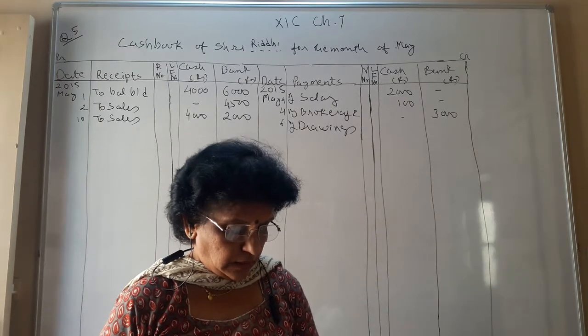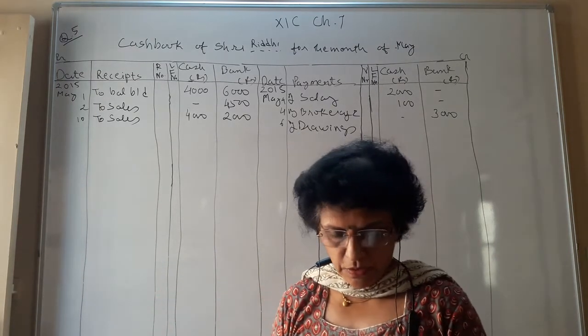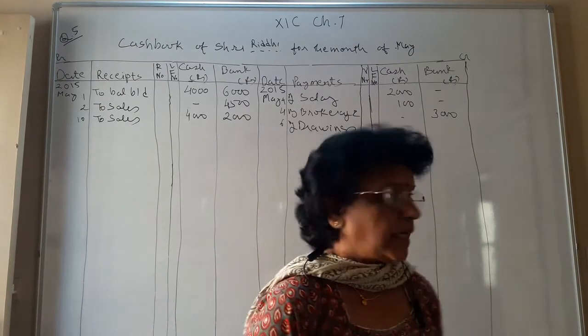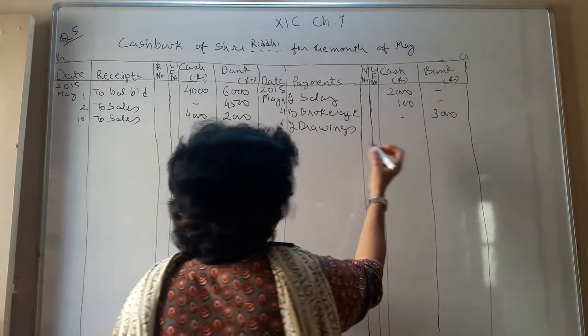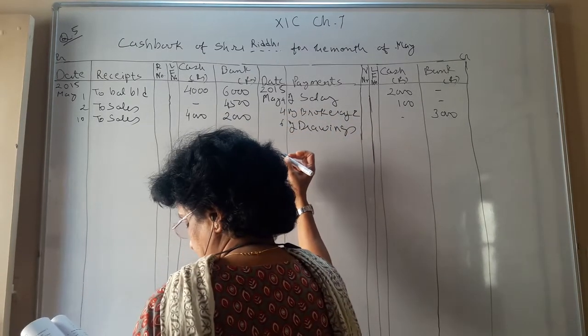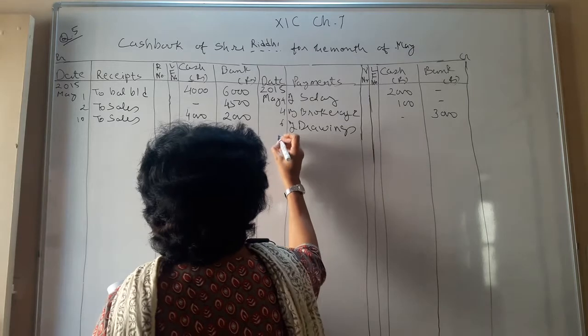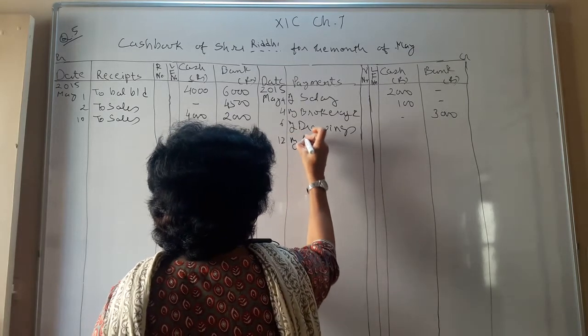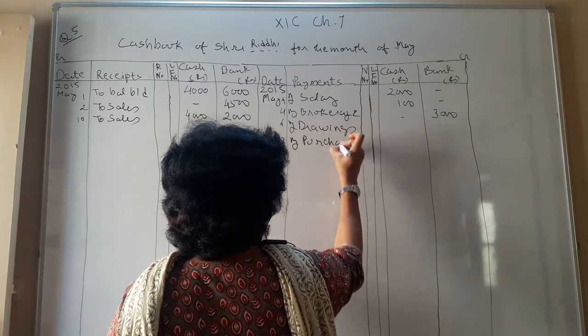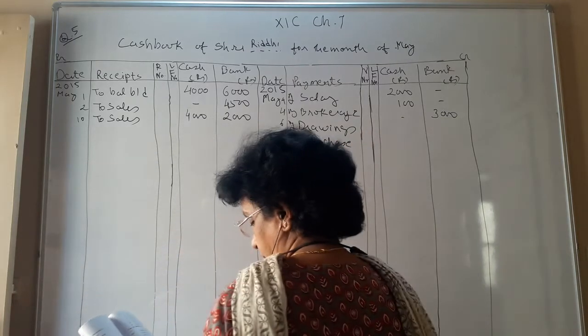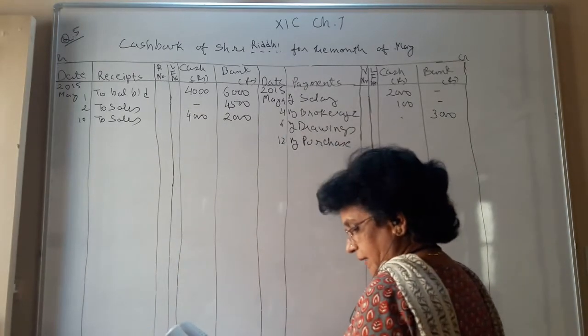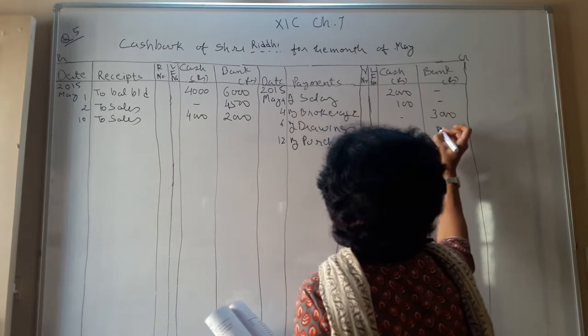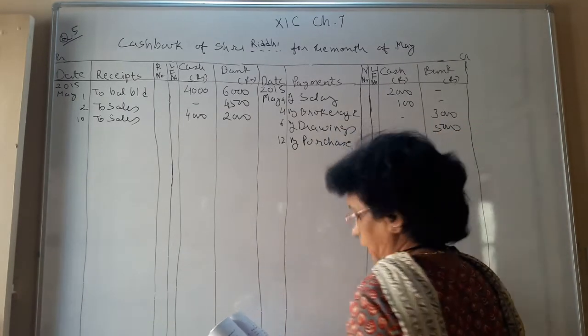Next, on the 12th, goods of 5,000 purchased and amount paid by check. It is a bank transaction to be recorded. Date is 12, by purchase. We have paid the amount by check, so write the amount in the bank column 5,000.